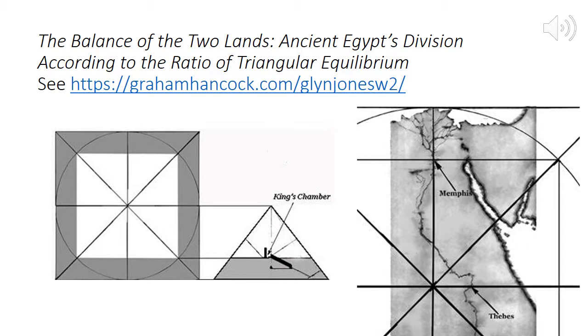And interestingly, Thebes was the centre of Amun-Ra, a sun god, while the balance of the lands ratio is also the ratio that we find Venus located with respect to the distance from the Earth to the Sun.